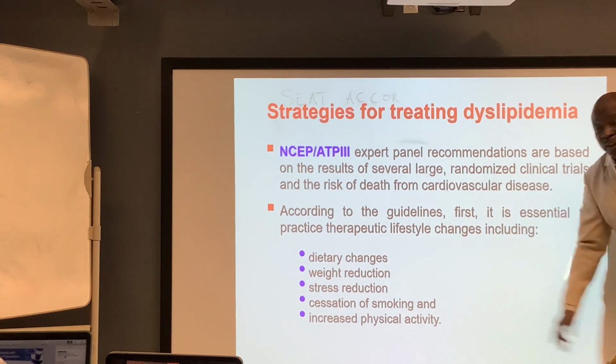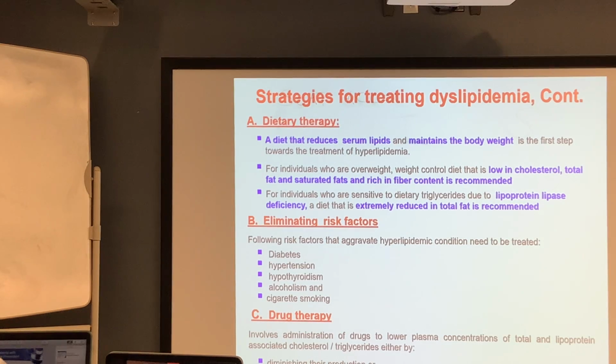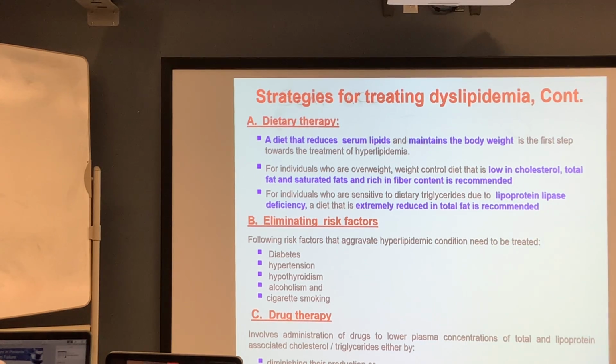Now, okay, cessation of smoking will help, and of course, increased physical activity will help. When it comes to dietary approach, you got to make conscious effort to reduce serum lipids and maintain body weight as a first step.